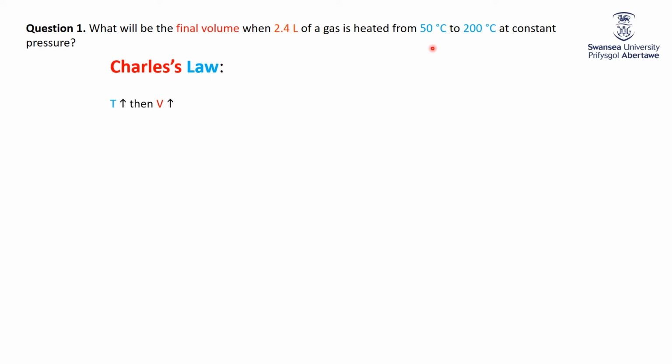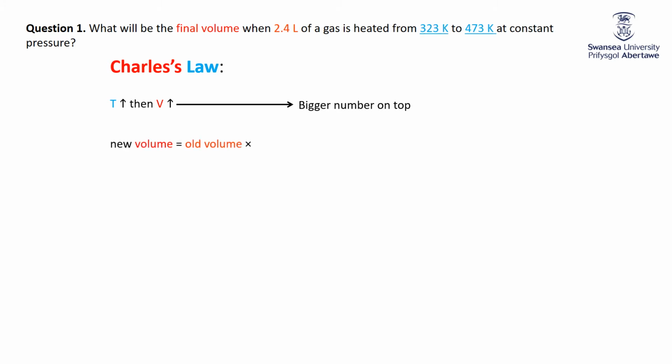Now, of course, absolutely crucial when we're dealing with gases that the only temperature unit that we use is Kelvin. And so in order to set these ratios up, which is where we're going to want to multiply the 2.4 by a bigger ratio as the temperature goes up, we have to make sure that we have the temperature in Kelvin. So 50 becomes 273 plus 50 is 323, and 200 becomes 473 Kelvin.